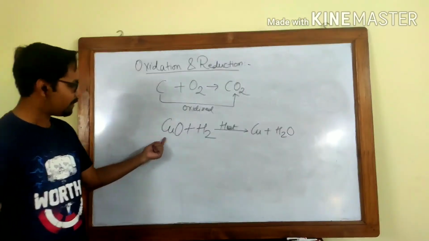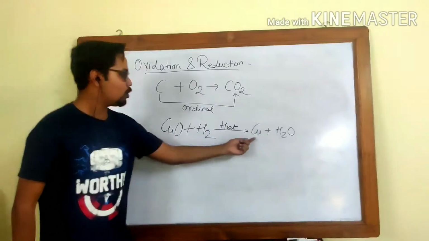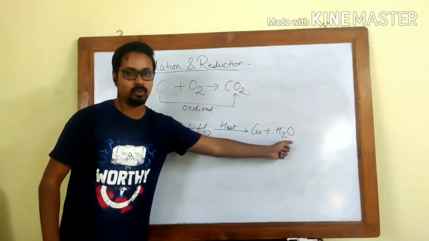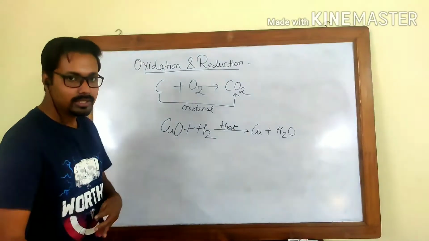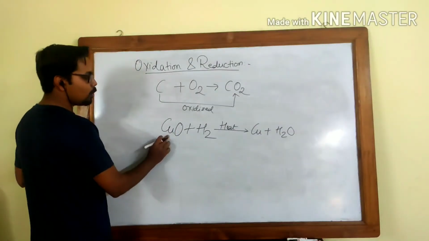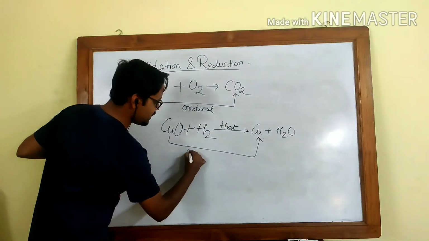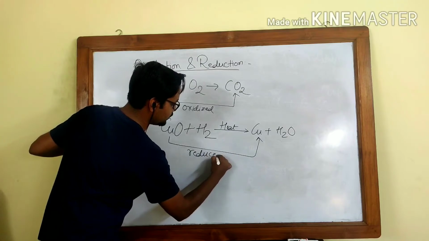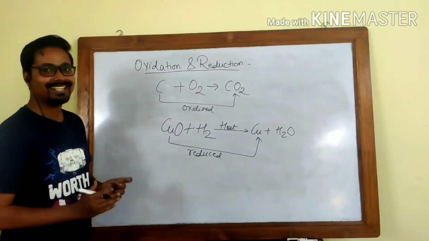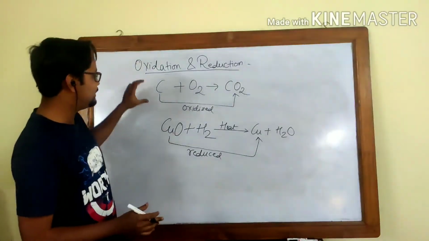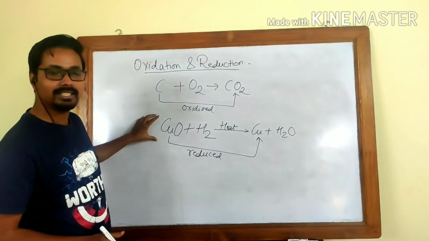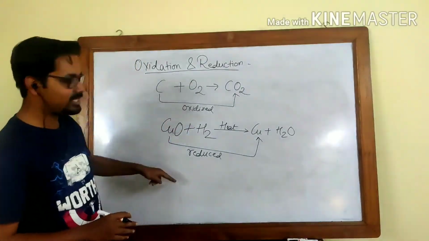A simple reaction. Copper oxide reacts with hydrogen, copper loses the oxygen and it forms water, and copper comes out as a solid. So what happens to copper here? Copper has lost the oxygen, so it must be reduced. So the reaction taking place here is a reduction reaction. Okay, this is an oxidation reaction and this is a reduction reaction. So I hope that is clear.